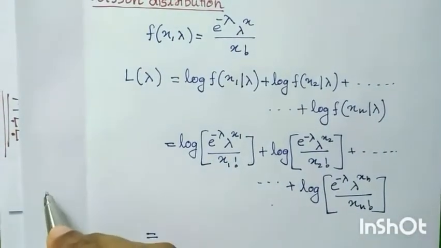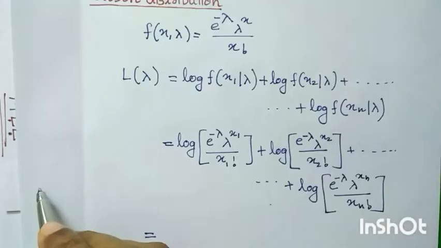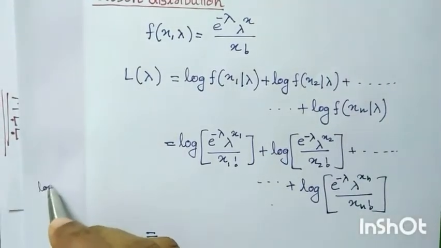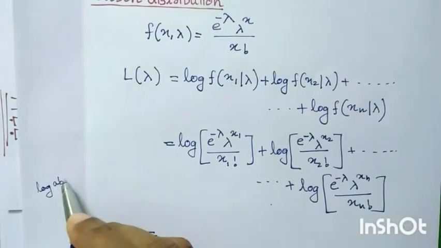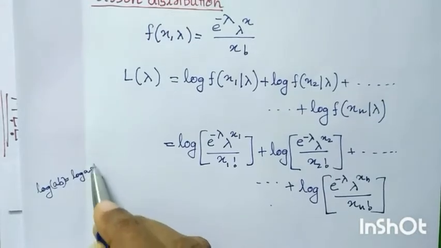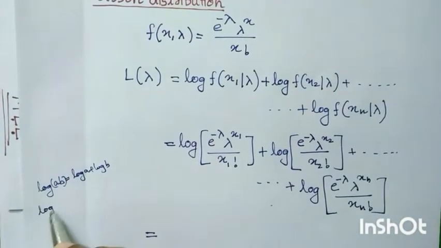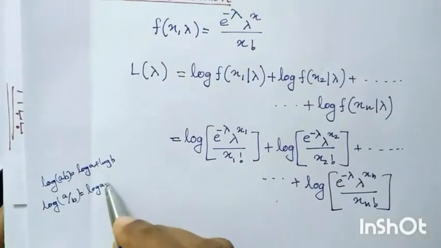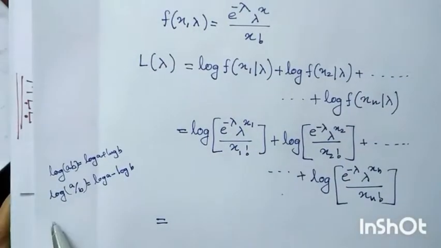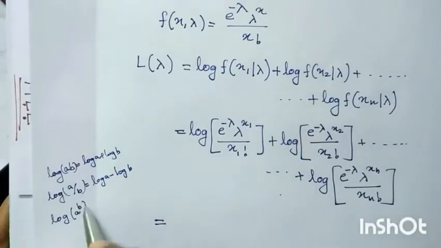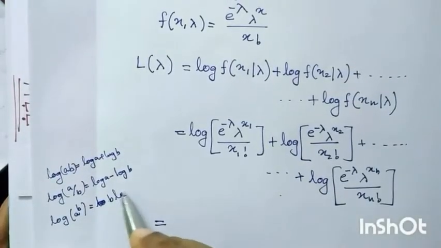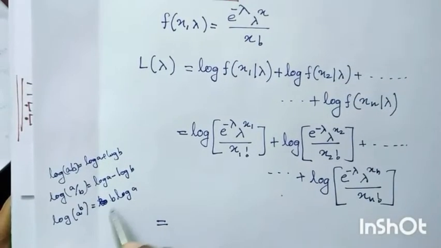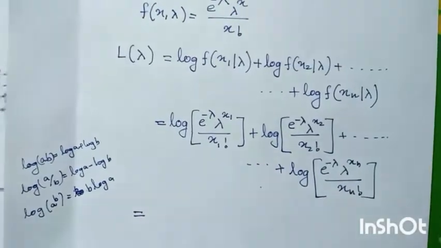now you have to know some basic logarithm equations, that is log ab is equal to log a plus log b, and log a by b is equal to log a minus log b. Now log a raised to b is equal to b log a. Okay. So these are the basic equations you should know.